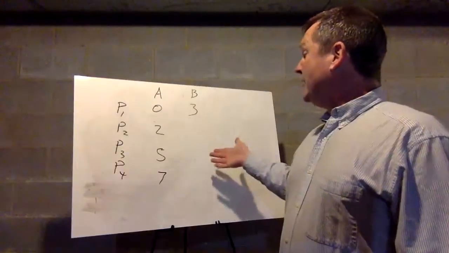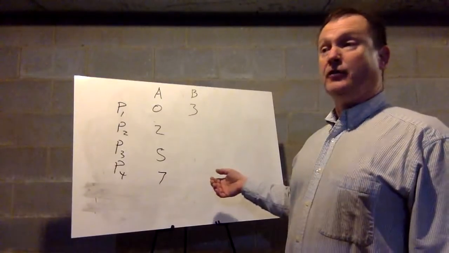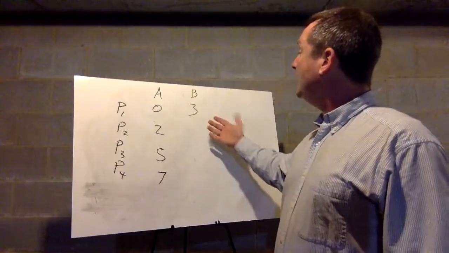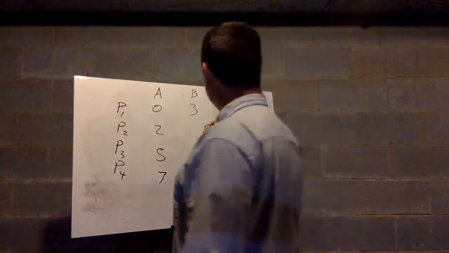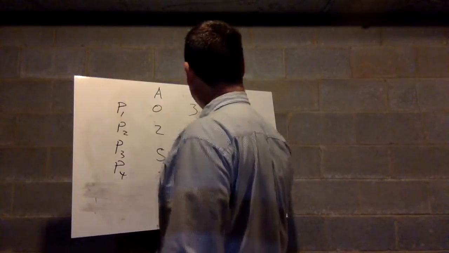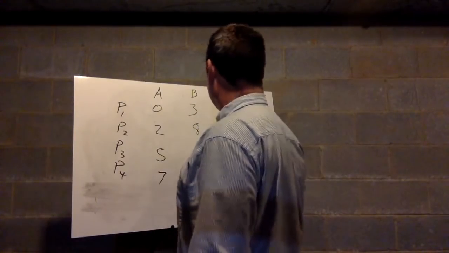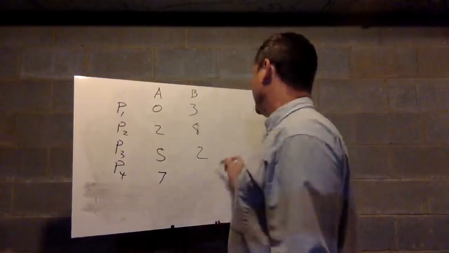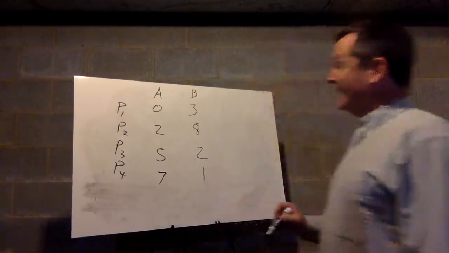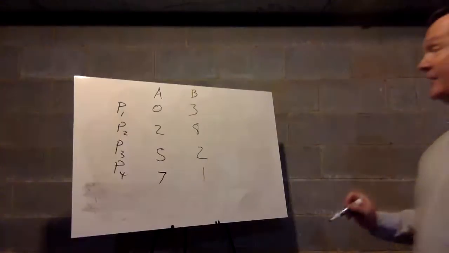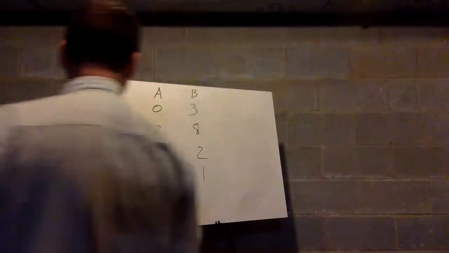But to simulate this or to see how these schedulers work, we're just pretending that we know that. So this first guy has a burst length of 3. This next guy has a burst length of 8. This next guy has a burst length of 2, and this next guy has a burst length of 1. I'm just making these up, so I don't know how bad this schedule might end up being.